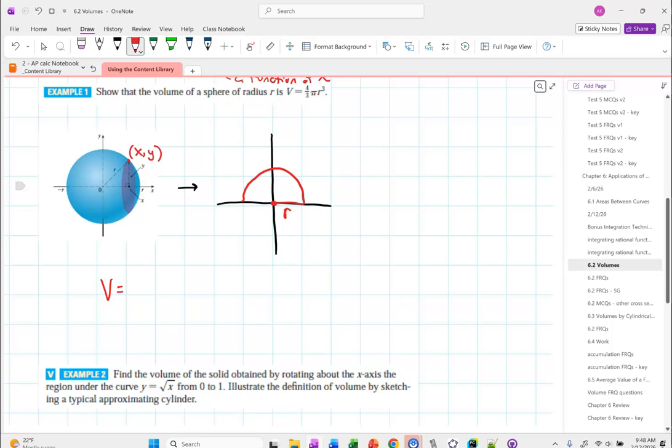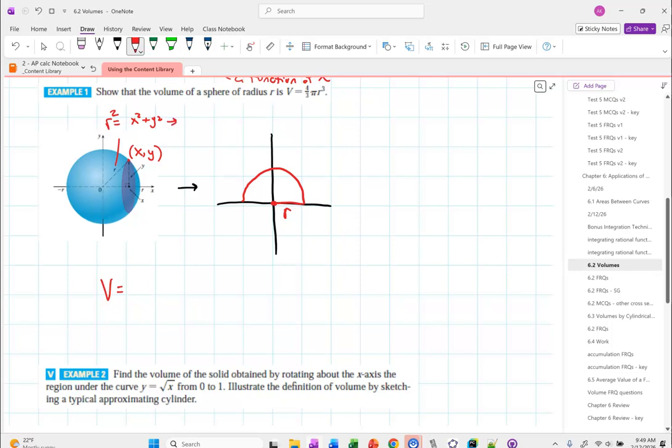And we know that r is going to be equal to that, right? Well, let's just say this. That's probably easier, right? So y is the radius for this circle that I'm writing, correct?